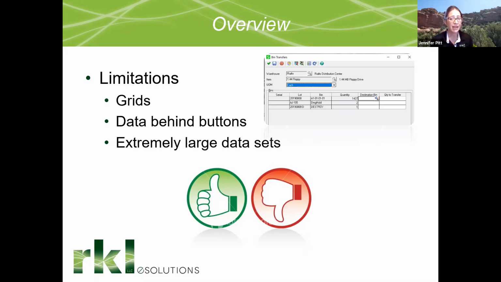Also data behind buttons. So if you think about your master data, you might have other addresses, which is behind a button, other contacts or sales tax. And that's because you have to click the button from the master record to get into those, and Data Porter can't access clicking a button. If you do own Customizer as a module, you could work around limitations like this. So the custom fields is a great example.